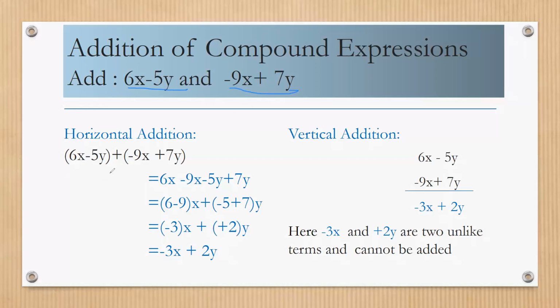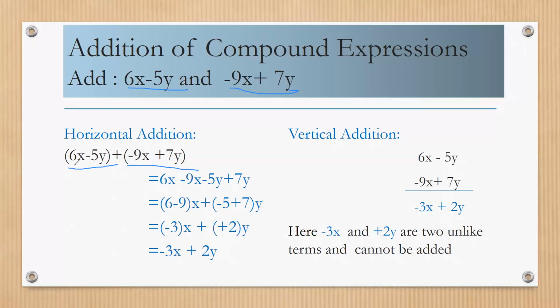First we do horizontal addition and then vertical addition. So bete, we have to add this compound expression with this compound expression. Compound simply means more than one term. Now we have to make this a plus sign because we are doing addition, right?